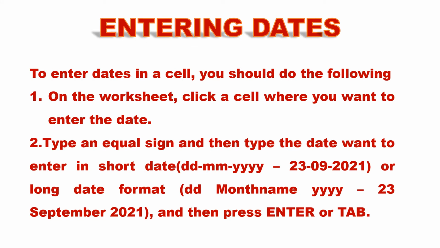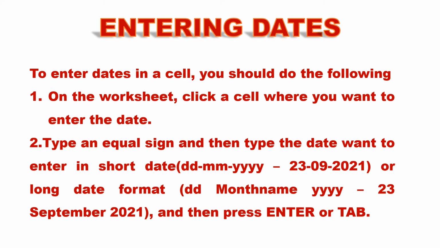Entering the date in a worksheet is done by selecting the cell where you want to enter the date. Then you type the equal to sign and you may enter the date in a short form or a long form. The short date has 2 digits of days, 2 digits of months and 4 digits representing the year.